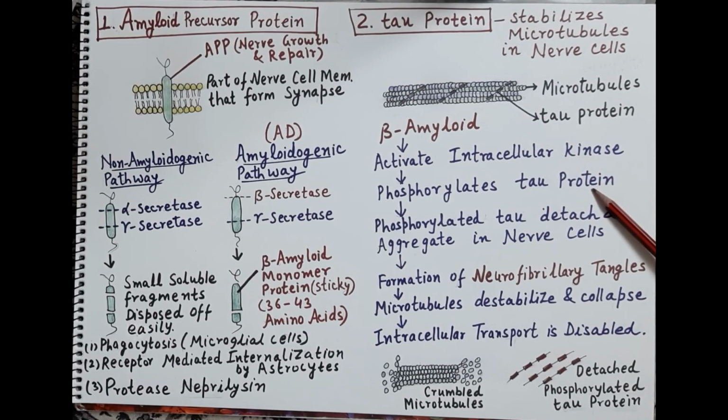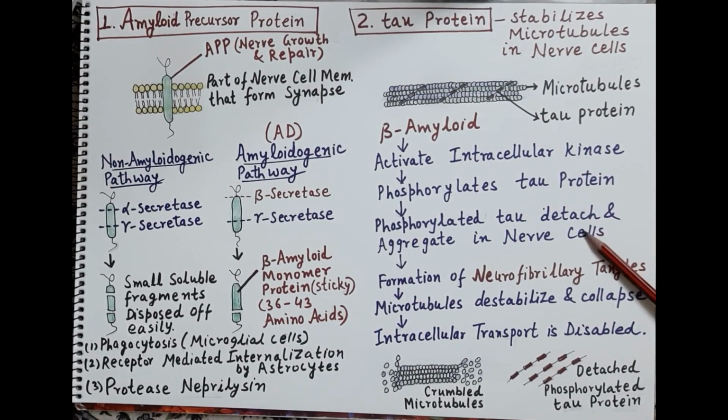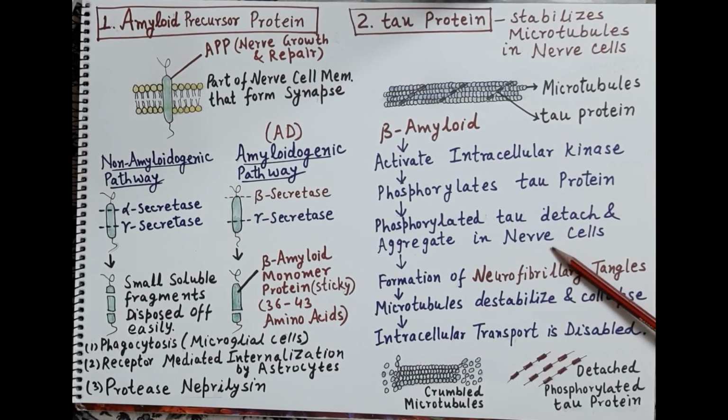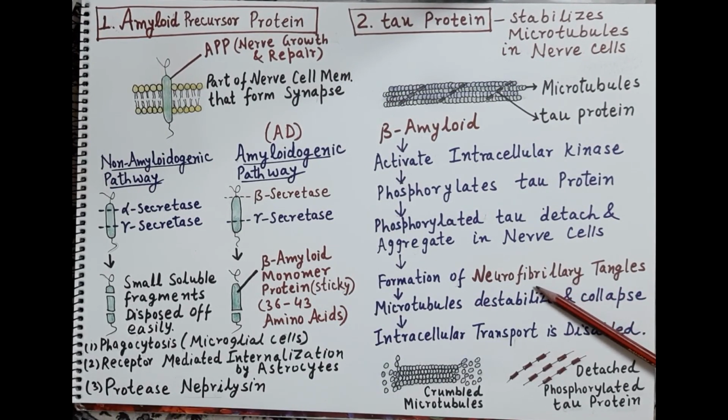Kinase phosphorylates the tau protein. Phosphorylated tau detaches itself from the microtubules and aggregates within the nerve cells. Now, these aggregates of tau proteins are termed neurofibrillary tangles, and these neurofibrillary tangles are found within the nerve cell.